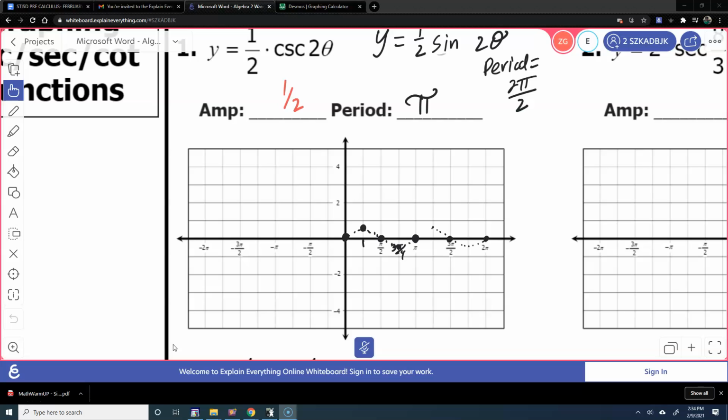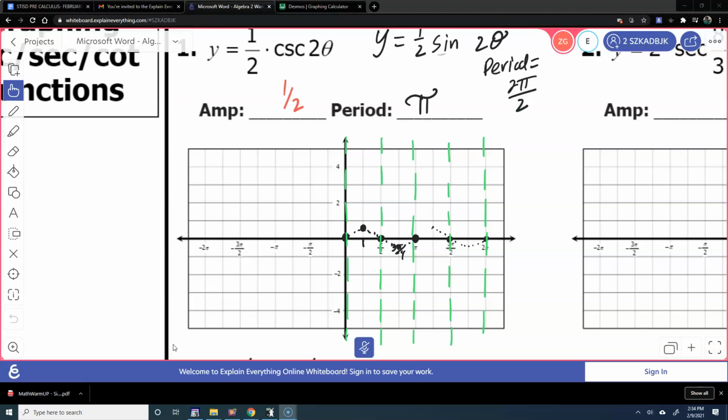Wherever it intersects the x-axis, that's going to be my asymptote. So the asymptote is going to go through 0. It's going to go through pi over 2. And then it's going to go through pi. And what's going to happen, it's going to repeat. So now it's going to go through 3 pi over 2 and 2 pi.